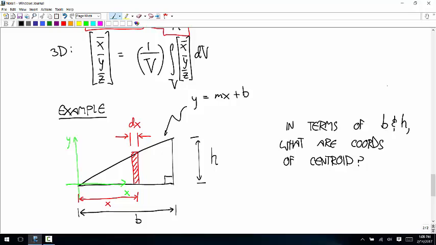Yeah, very good. The slope of that is the rise over run, so h over b times x, and then add on the y-intercept. Well, at the y-axis, the y value is 0, so there's no y-intercept. So this is hx over b.